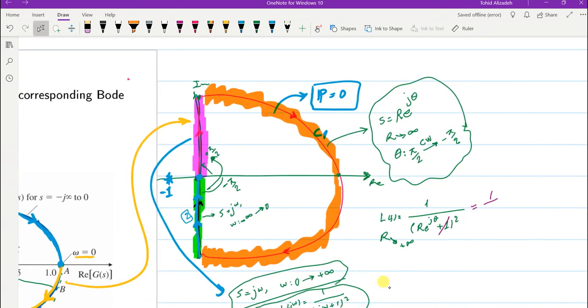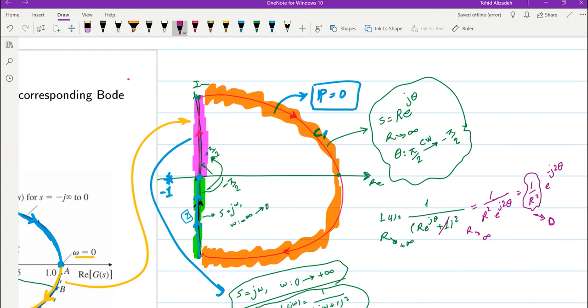We will have 1 over R squared e to j 2 theta, and then 1 over R squared e to minus j 2 theta, and since R goes towards plus infinity, 1 over R squared will go towards 0.